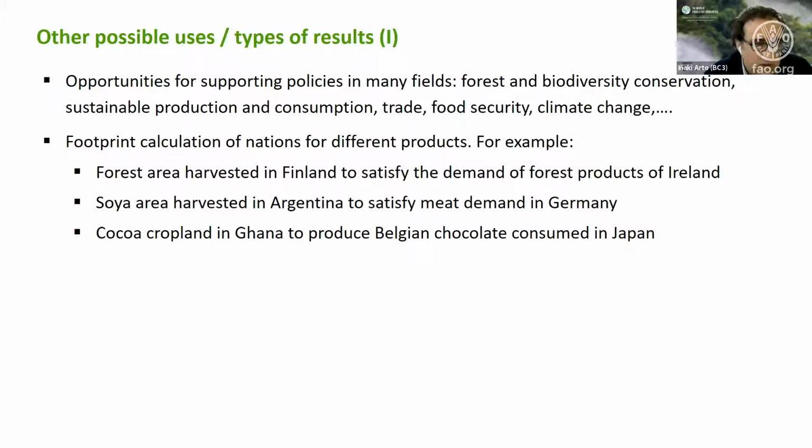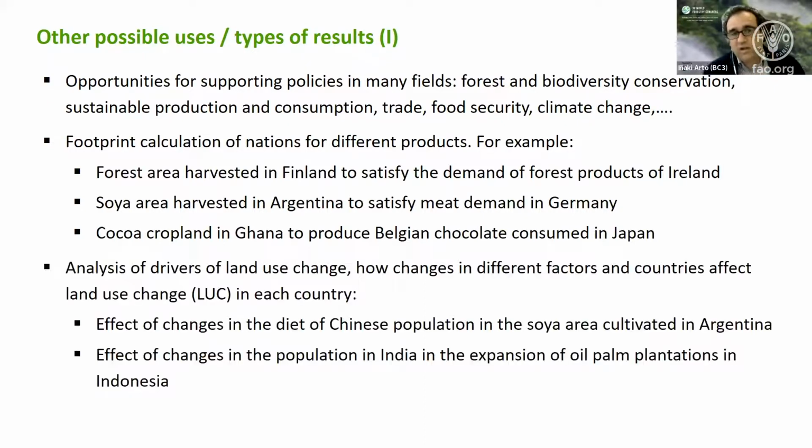For example, we can calculate the forest area harvested in Finland to satisfy the demand of forest products in Ireland, or the soya harvested in Argentina to satisfy meat demand in Germany, or even more detailed, the cocoa cropland in Ghana to produce virgin chocolate that is consumed in Japan. So we can describe with quite a high granularity the supply chains of crop products.